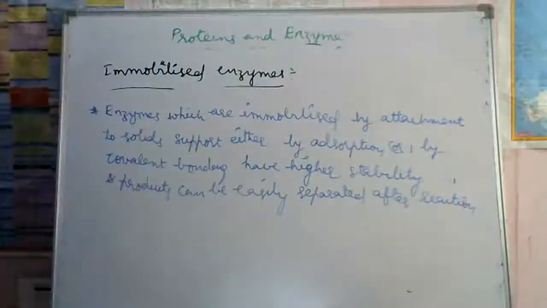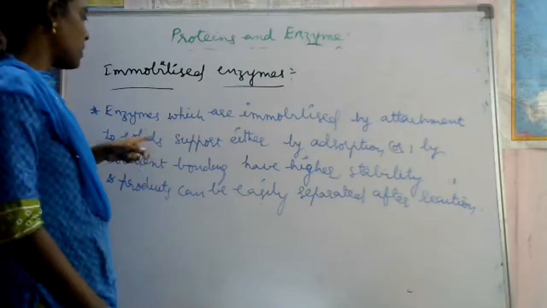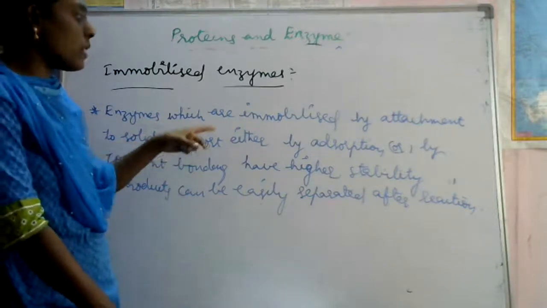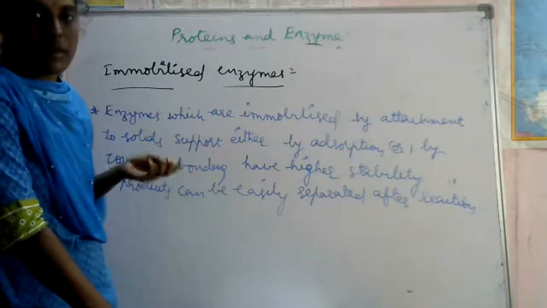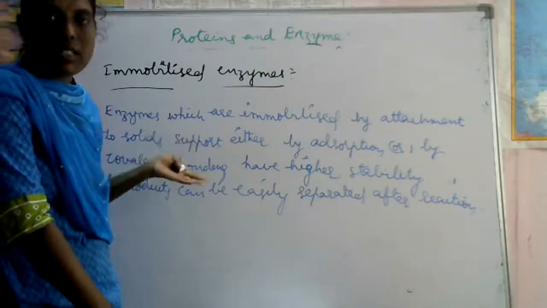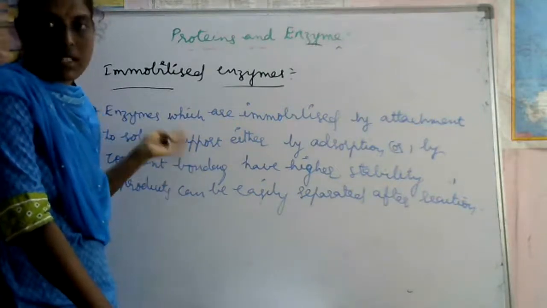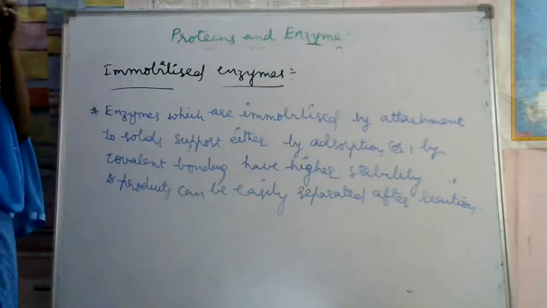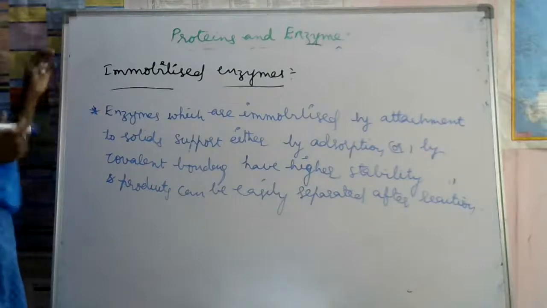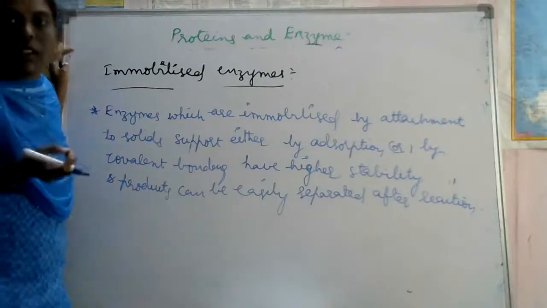So enzymes which are immobilized by attachment to solid support, either by adsorption or by covalent bonding, have higher stability. Once it gets stability, we can easily separate it after the reaction. Adsorption is one of the methods of immobilization of enzymes.